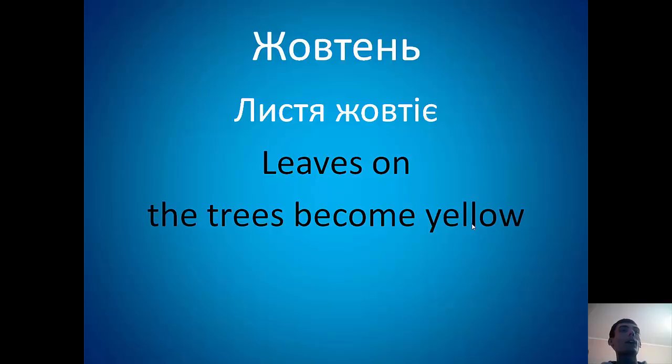Leaves will be not only yellow but red, orange, brown, sometimes green. And because leaves on the trees become yellow, листя жовтіє, we call it Жовтень. You see, жовтіє, Жовтень. They are connected and very similar.